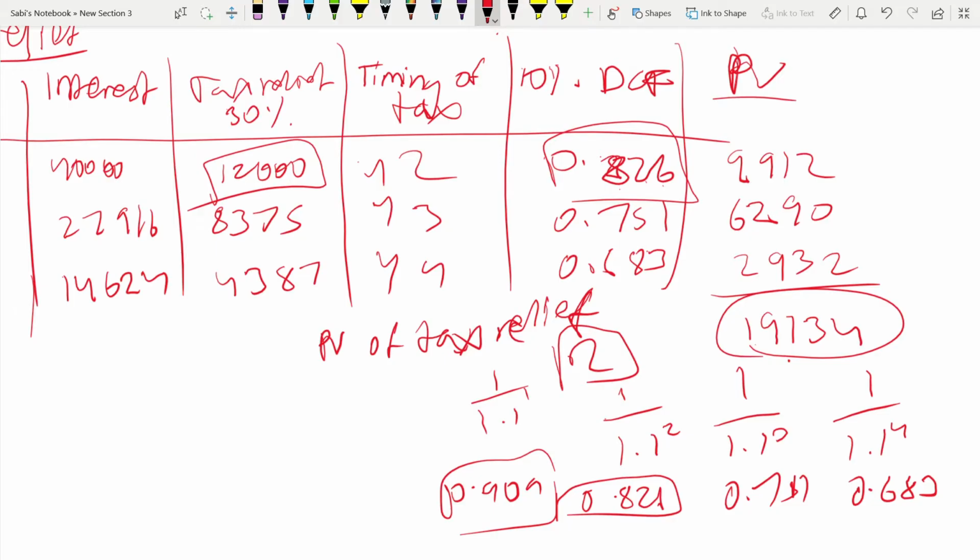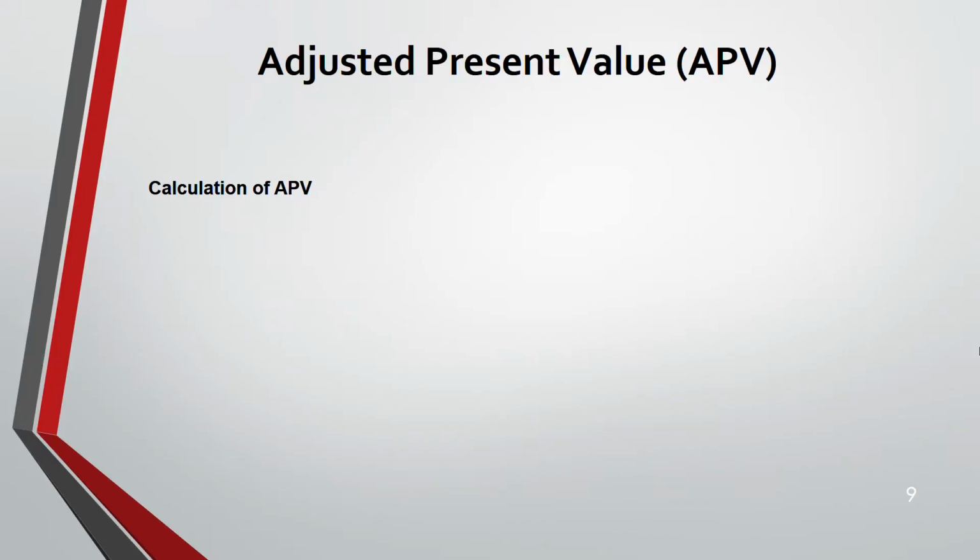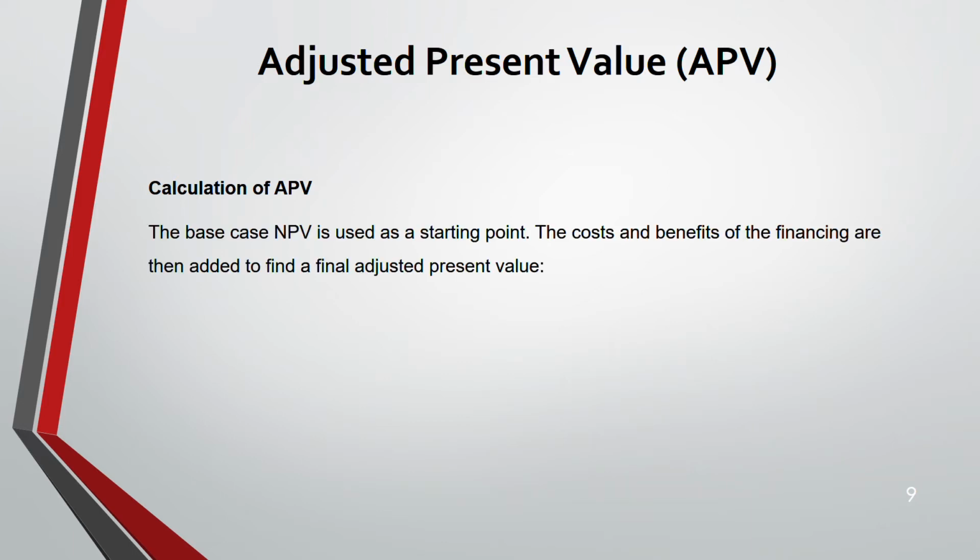Okay, so let's go through the calculation of APV. This is how you calculate APV. The starting point should be your base case net present value. Then you add the benefit and deduct the cost of financing, and then you get your adjusted present value. So it is base case net present value minus the present value of issue cost plus the present value of tax shield.